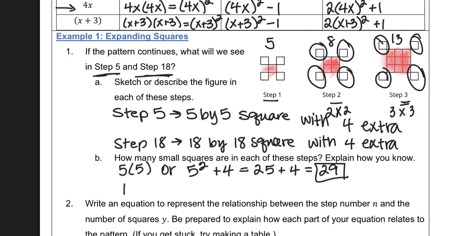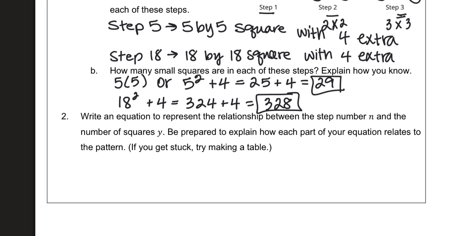And then for 18, we would have 18 squared, plus those 4 extra. 18 squared gives us 324, plus those 4 extra, which gives us a total of 328. And then our equation, we already kind of talked about this, because we have that 5 by 5 square, our number of squares is found by our step number squared plus those 4 extra, okay?